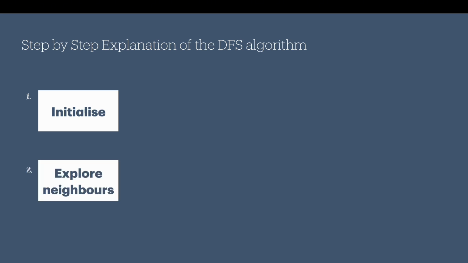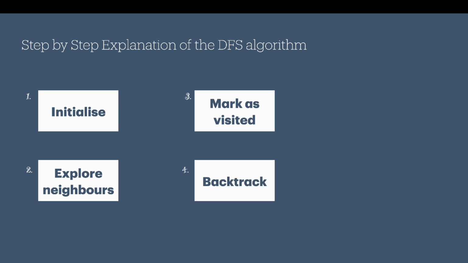Then you have to explore the neighbors: visit all the nodes adjacent to the current node that have not been visited before, and mark them as visited. The next step is backtrack. Once all unvisited neighbors of the current node have been explored, backtrack to the previous node. And the last step is to repeat. Continue exploring neighbors and backtracking until the entire graph has been traversed or a dead end is reached.